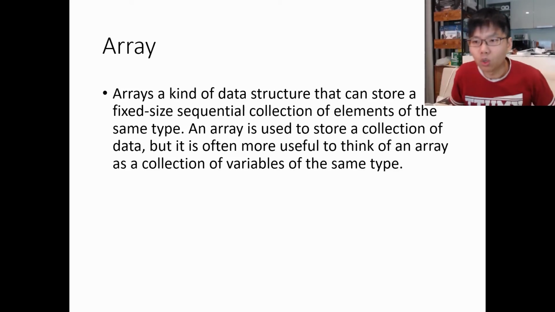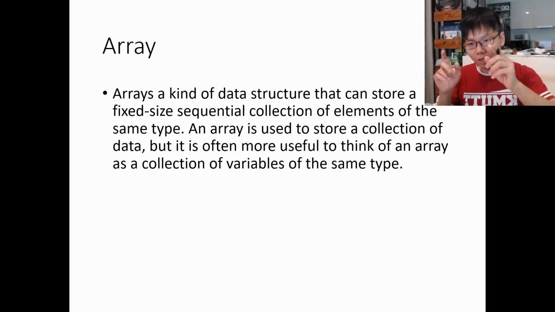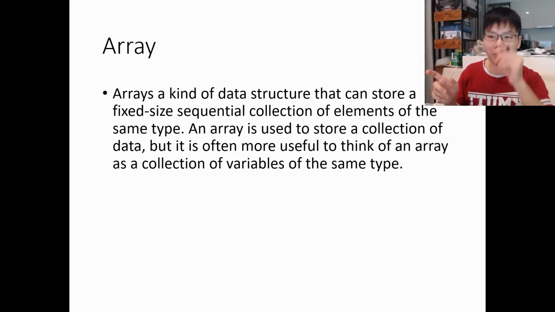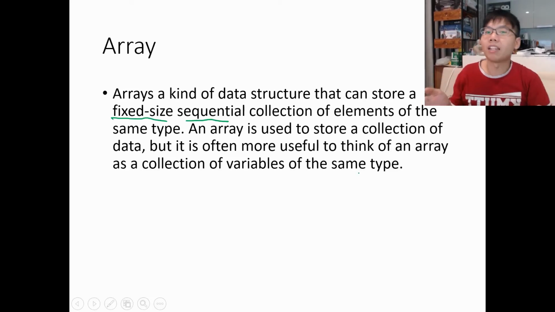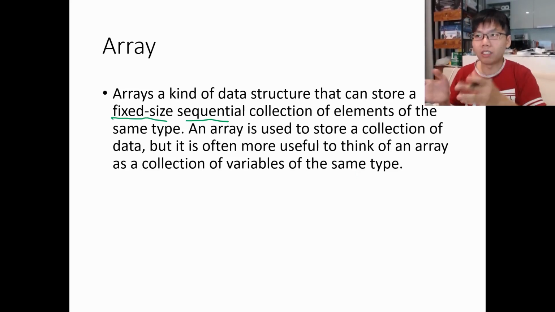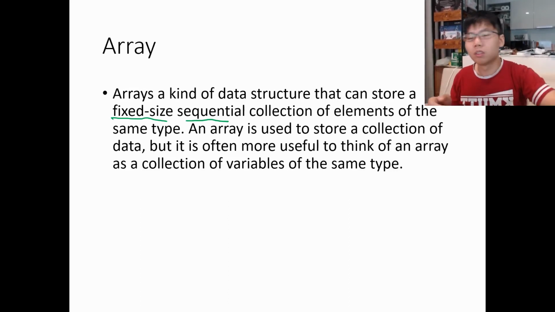Okay, so first of all, the definition of an array is a fixed-size, sequential collection of data. There's one big keyword here: fixed size. So it has to be two things, fixed size and sequential.